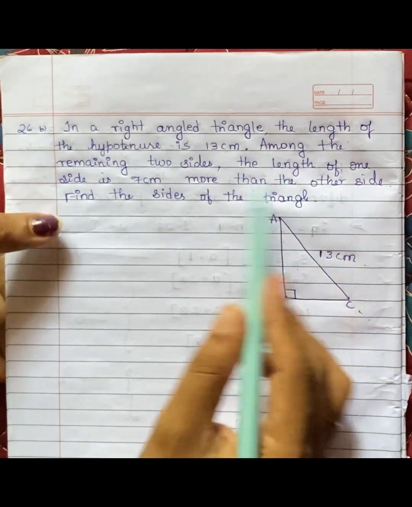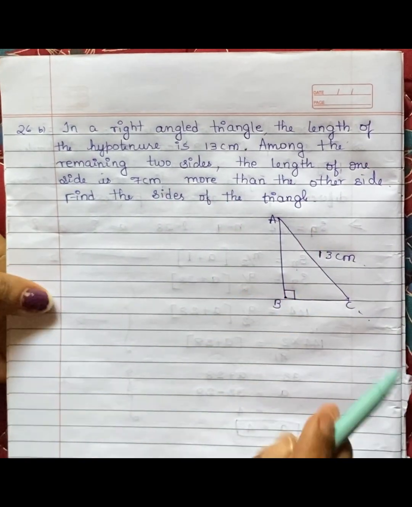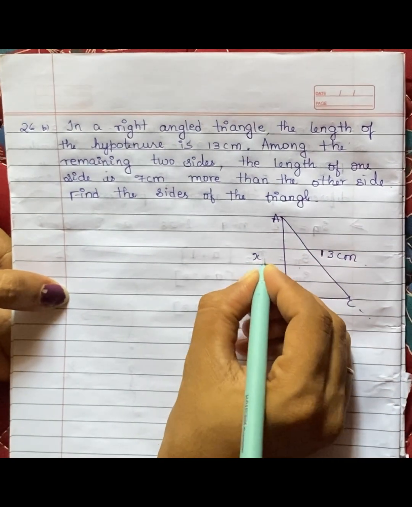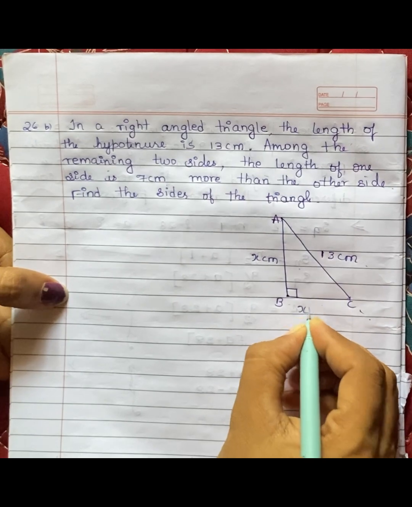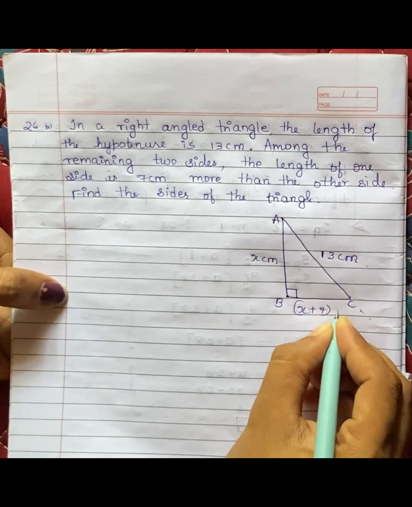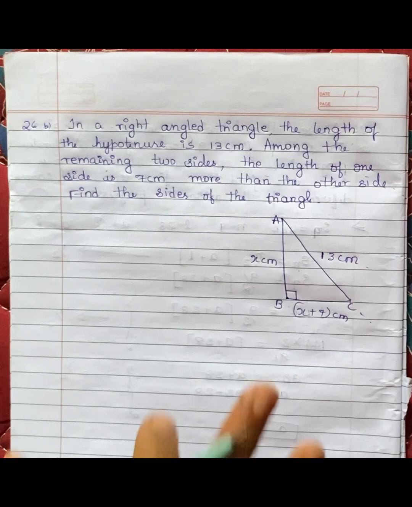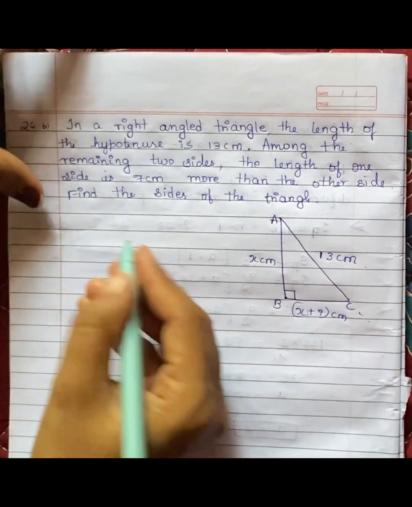Next, the length of one side is 7 centimeter more than the other side. So now we need to assume the other side as x centimeter, so that this will be x plus 7 centimeter. Now we have to write everything, whatever we have assumed, we have to clearly write it.